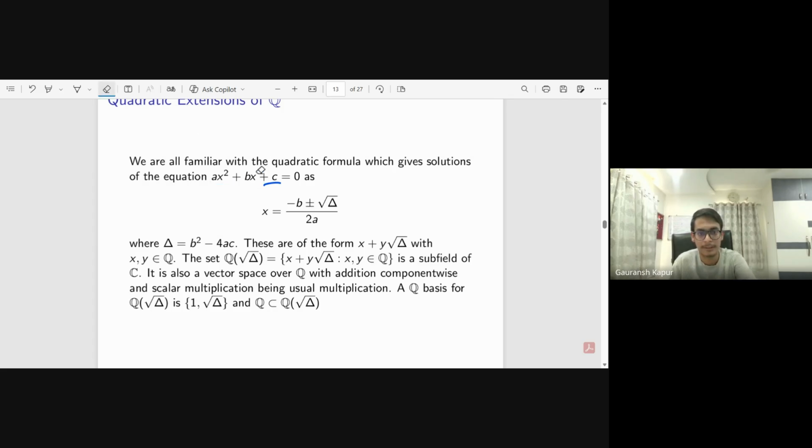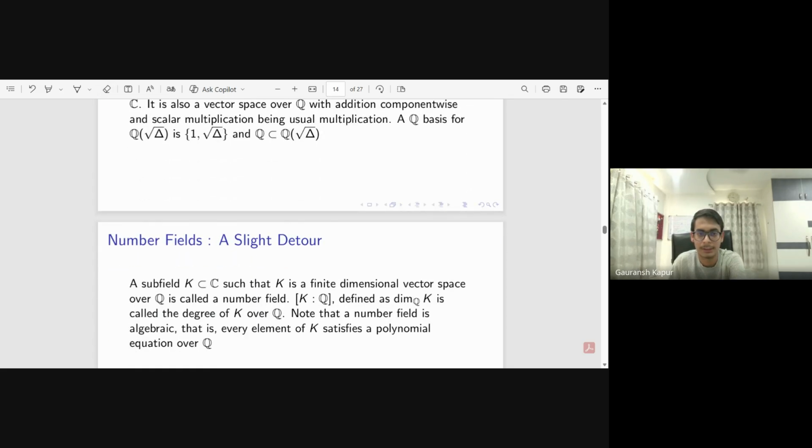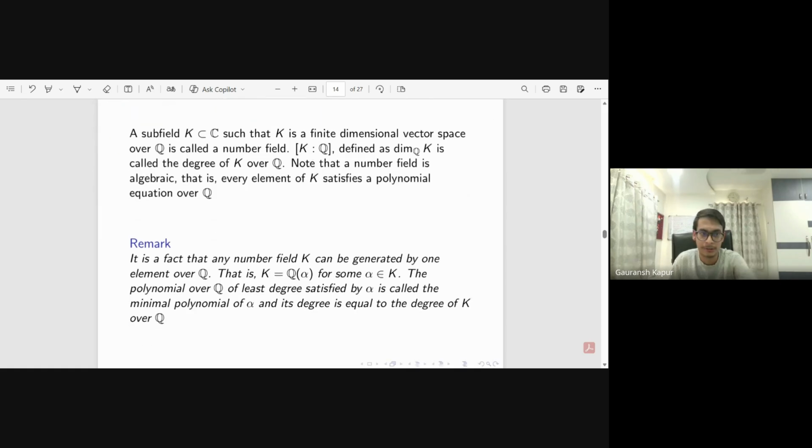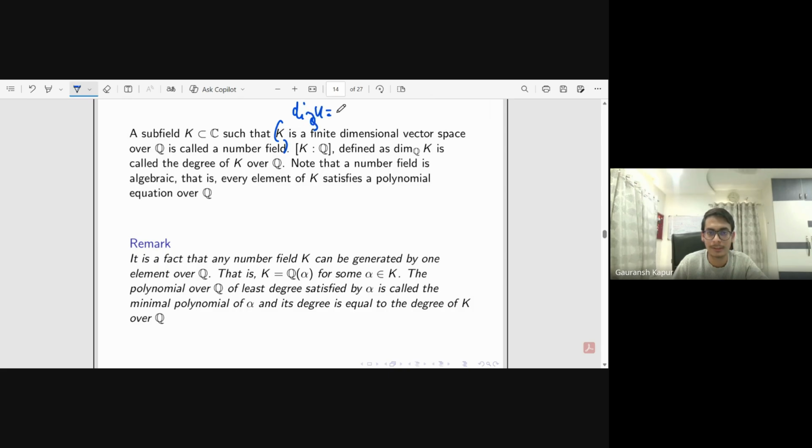Now we'll talk about number fields. A number field is a subfield K of the complex numbers which is a finite dimensional vector space over Q. What this means is that the dimension of K, seen as a Q vector space, is some finite number n.